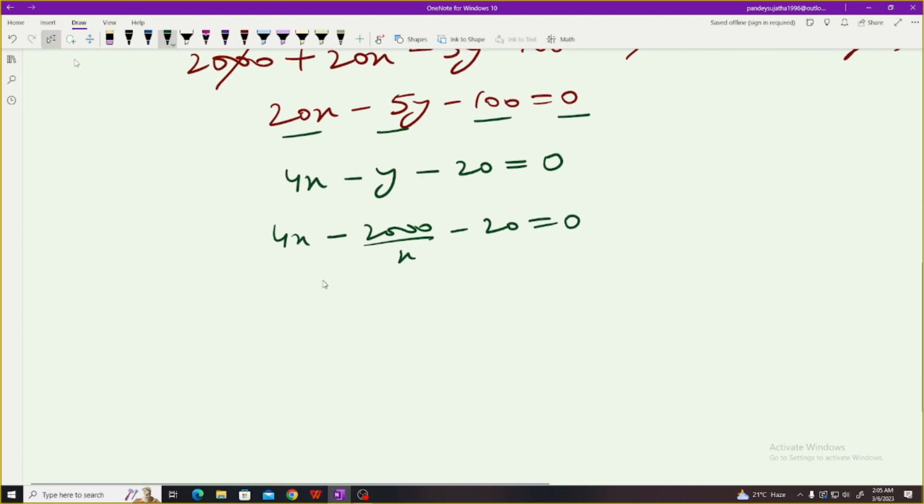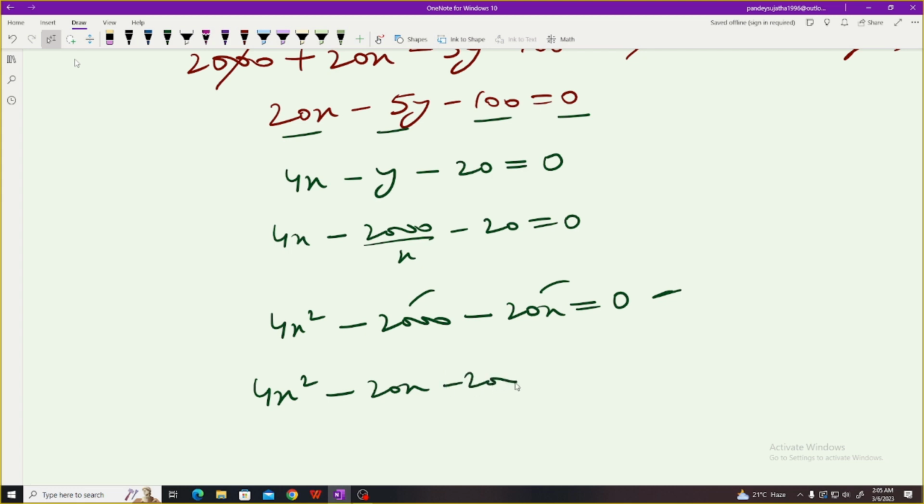Solve it now. So here we'll get 4x square minus 2000 minus 20x equal to 0. So we got a quadratic equation, that is 4x square minus 20x minus 2000 equal to 0.